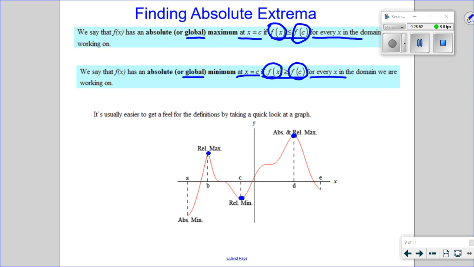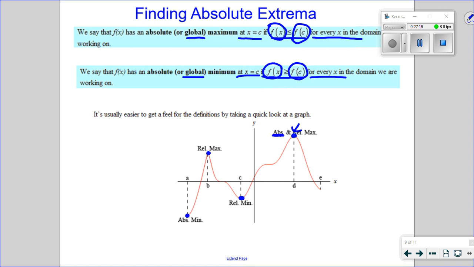Okay, to find the absolute extrema though, like when you're trying to find the absolute maximum, you're looking for the highest point on the graph. Okay, so this is a little bit more specific. So notice that this point right here would be the highest point on the graph. So this point could be classified as an absolute and a relative maximum. Okay, to find the absolute minimum, we're looking for the lowest point on the graph.